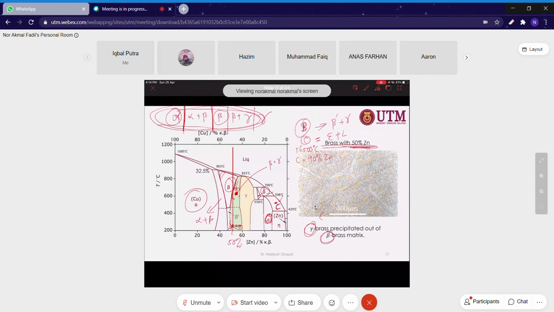The correction here is supposed to be delta plus liquid, because this region is liquid, this is liquid. Look at this liquid. Okay, so please note this.